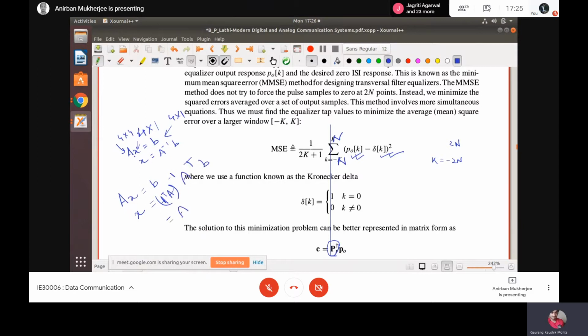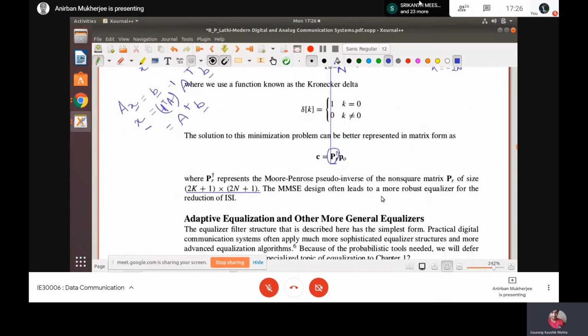We have studied this pseudo inverse. If the number of rows equals the number of columns, this pseudo inverse will be the same as the normal inverse. And if x is noisy, then this gives a robust solution. Please read a little about what the pseudo inverse is and why it is done. So this gives you a robust equalizer.